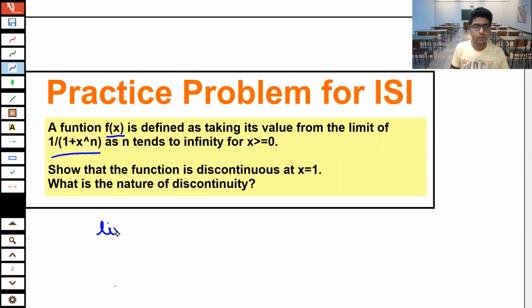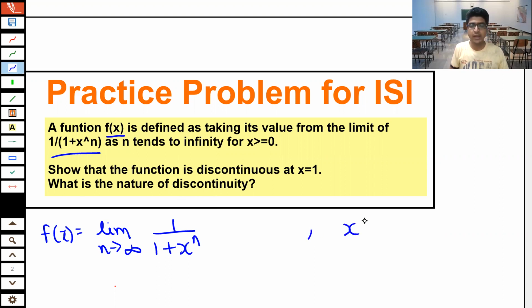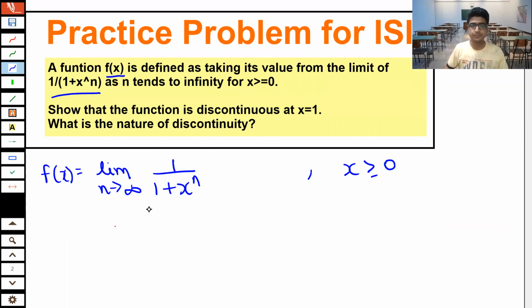So this function is equal to the limit as n tends to infinity of 1 upon 1 plus x to the power n, and it is defined for x more than or equal to 0. Show that the function is discontinuous at x equal to 1, and what is the nature of discontinuity? So let's do this.